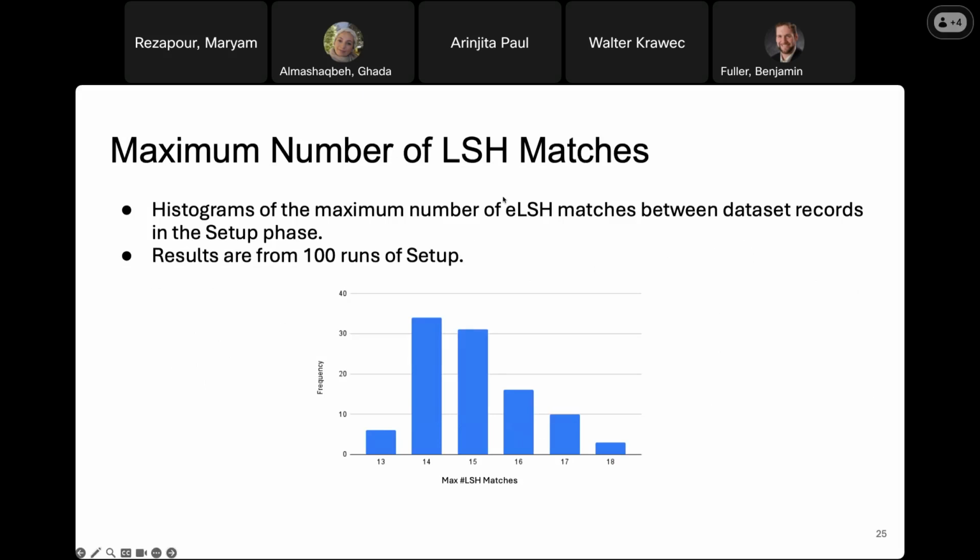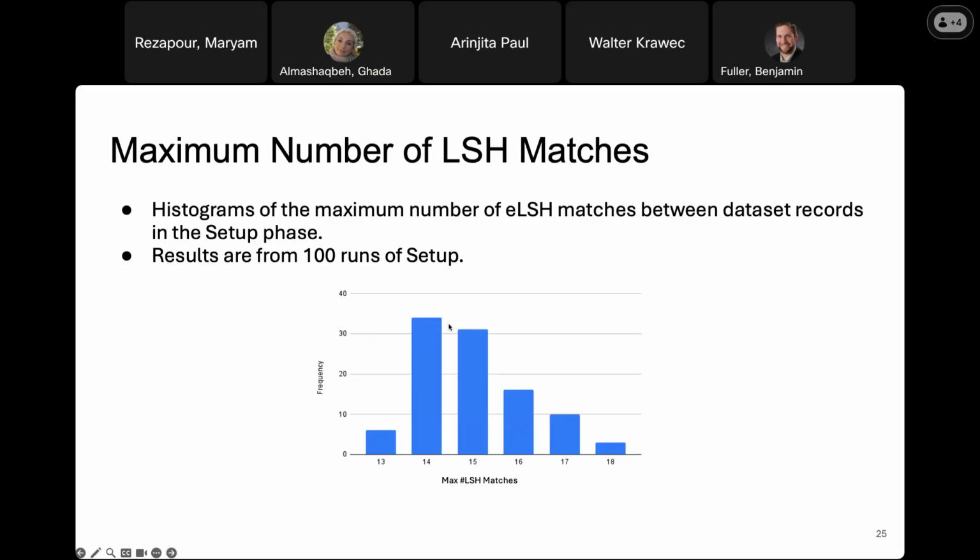And we saw that the common LSH evaluation across records was some number between 13 to 18, and the most frequent maximum number of common LSH evaluation was 14, which was 33% of the times.